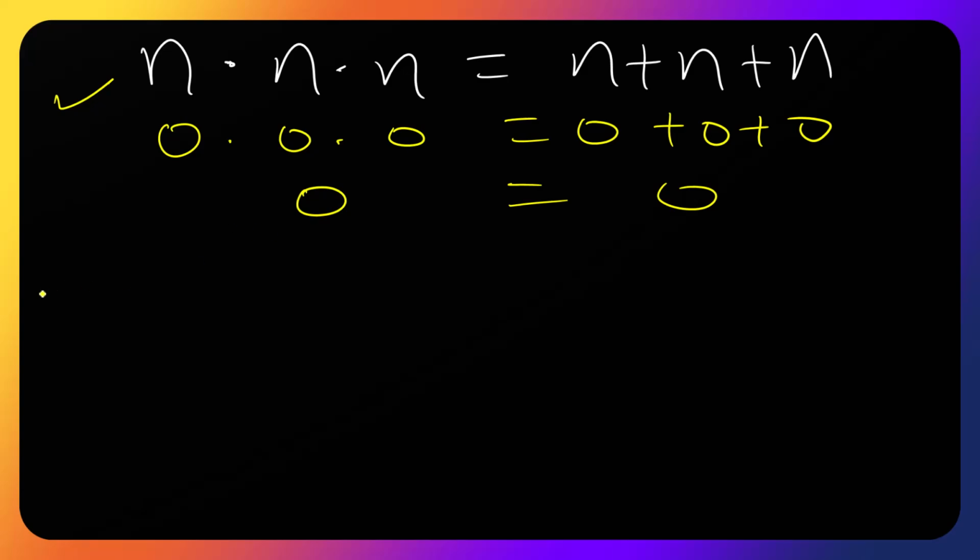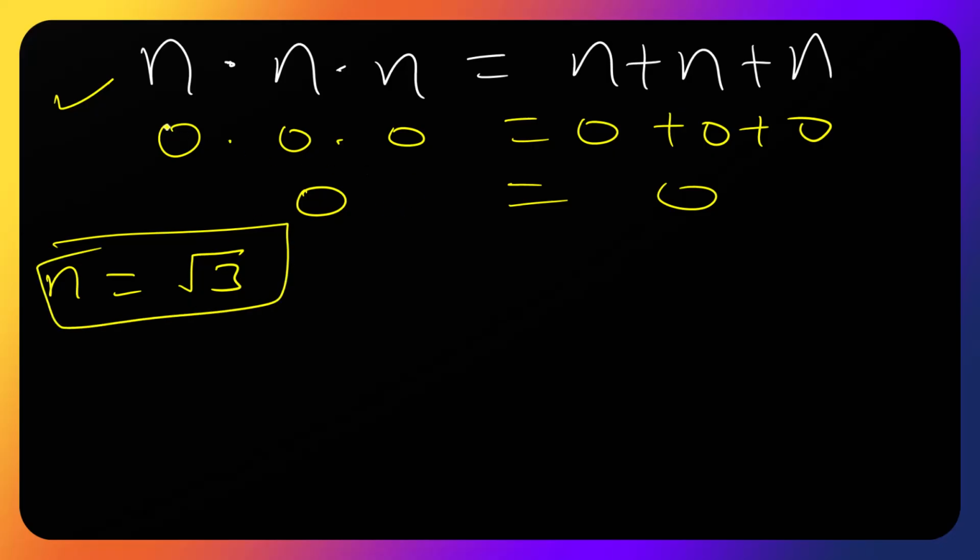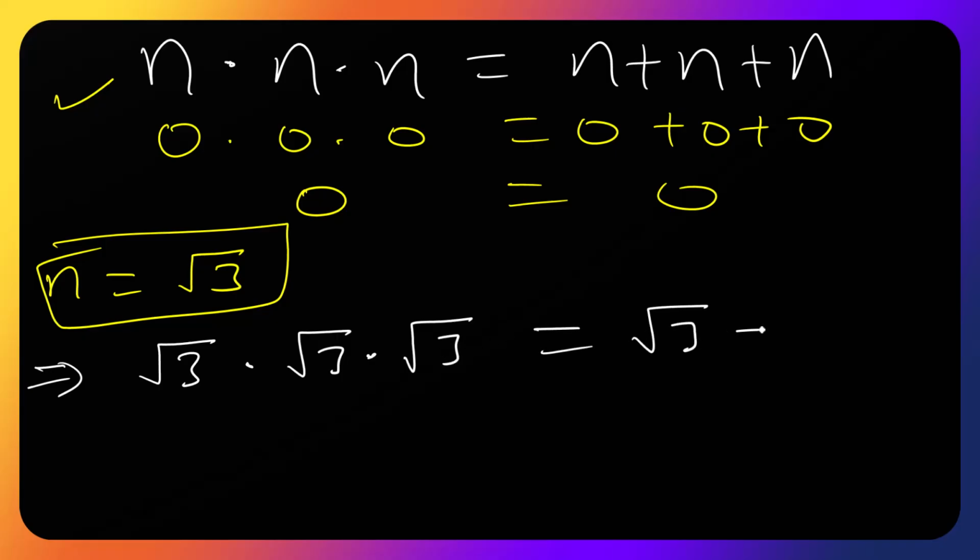Okay, now let's look at when n equals square root of 3. Let's go by the same approach. So we have square root of 3 times square root of 3 times square root of 3 equals square root of 3 plus square root of 3 plus square root of 3.